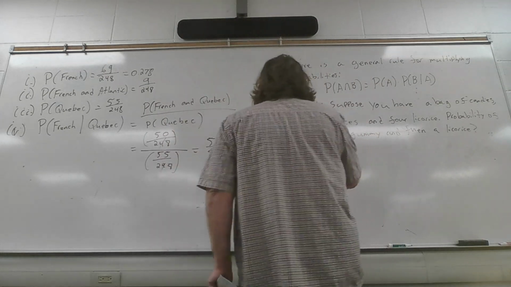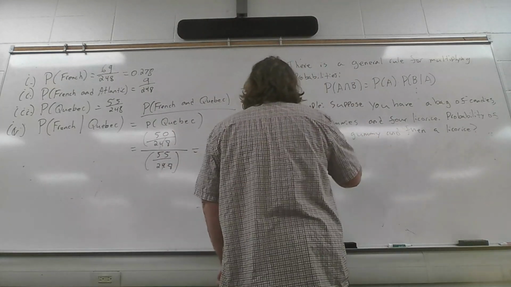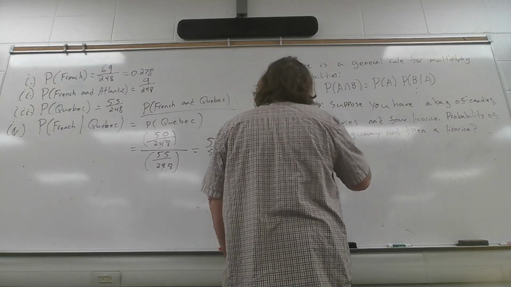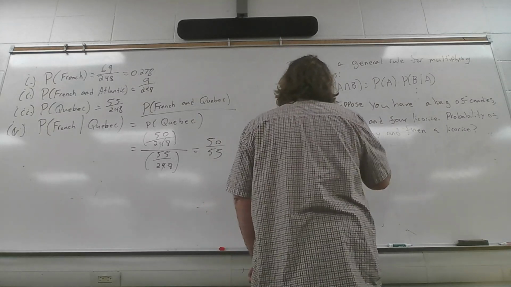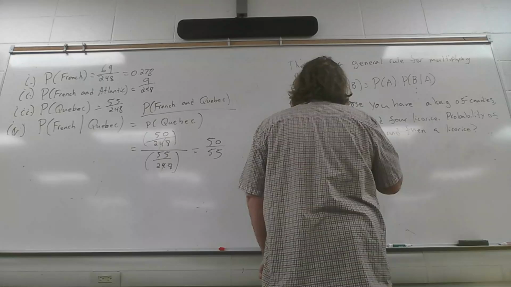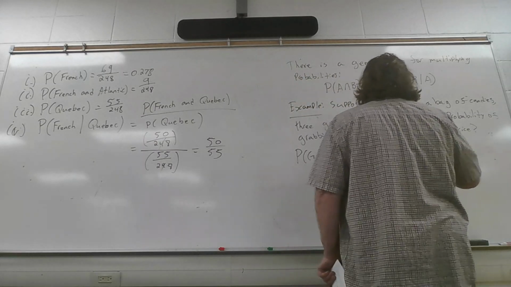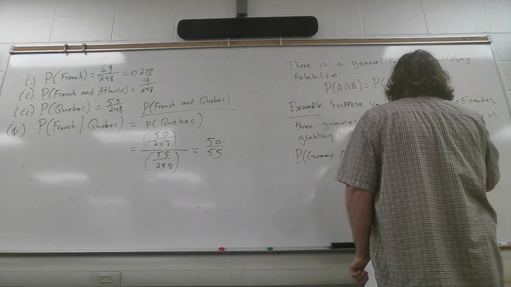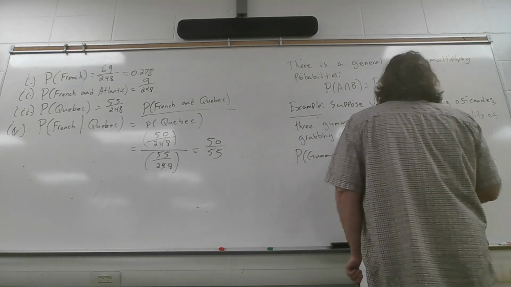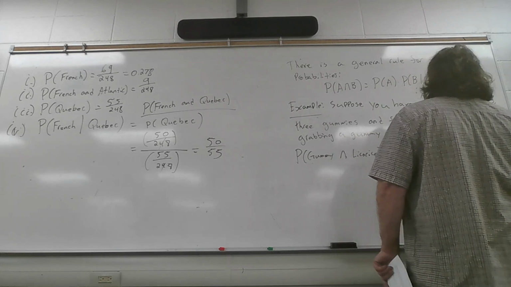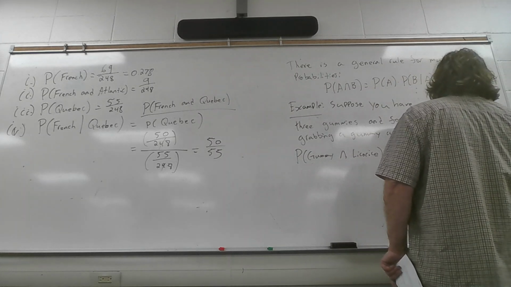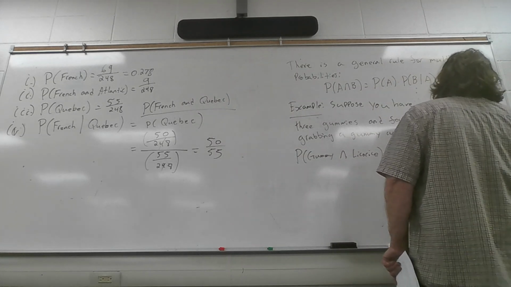So we're saying the probability of gummy and licorice. We have a formula for that. That's the probability of gummy times the probability of licorice, given that you grabbed a gummy.